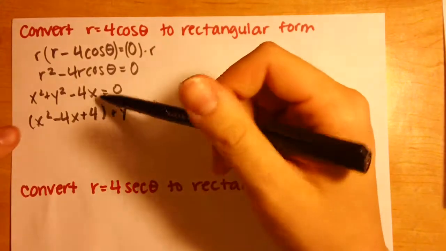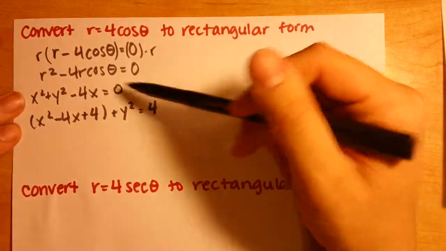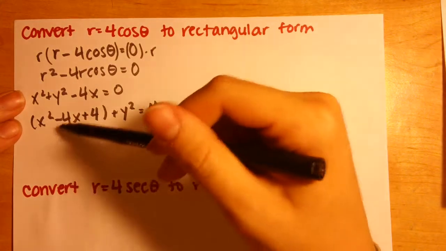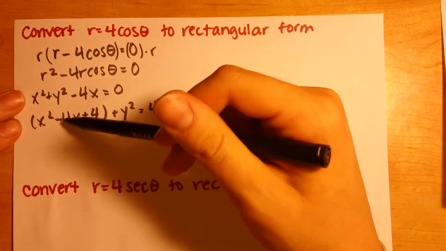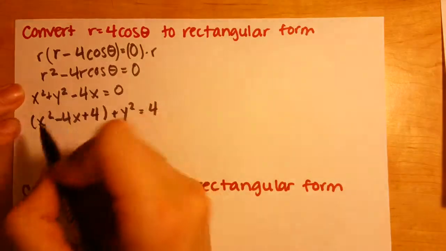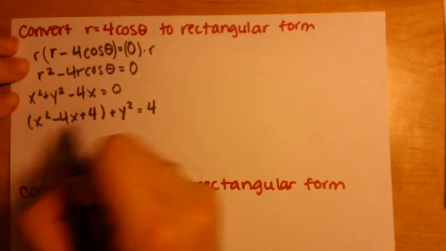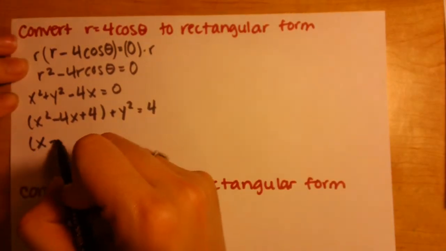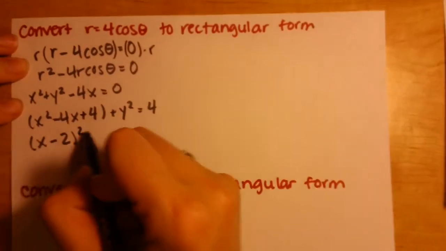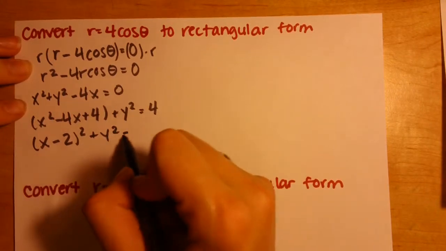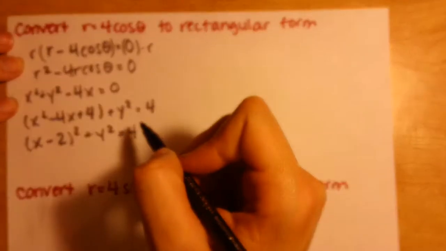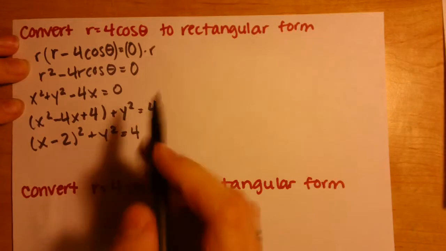So I'm completing the square. I added 4 to both sides so that I can get a perfect square over here, because I took half the middle term, which is -2, and I squared it. So now that I created this, I know this is x minus 2 squared plus y squared equals 4, which is the equation of a circle.